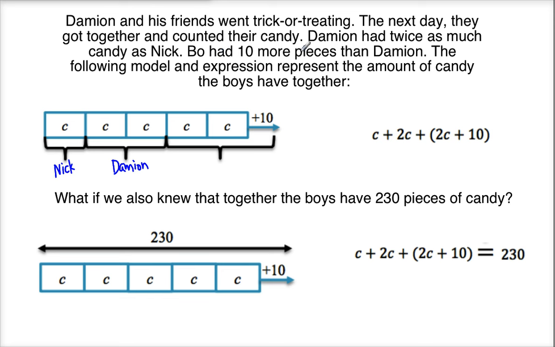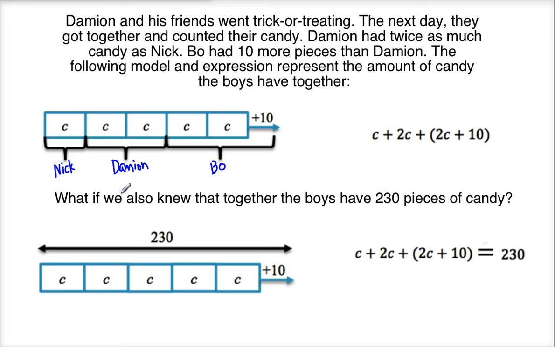And Bo had 10 more pieces than Damien, so Bo has 2 candies plus 10. So this section right here represents what Bo has. Okay, and if we write this out as an expression, it's C plus 2C plus 2C plus 10. Okay, so there's our expression.